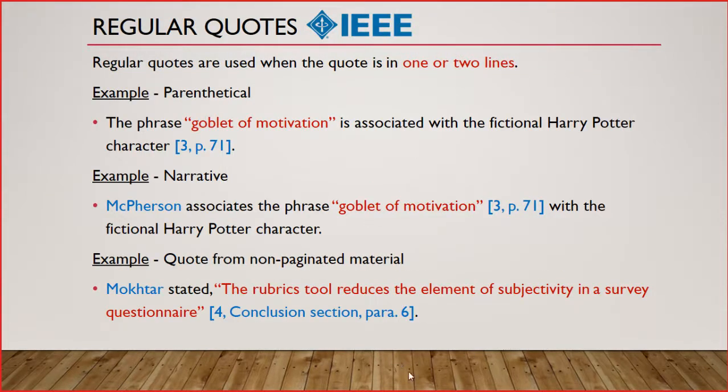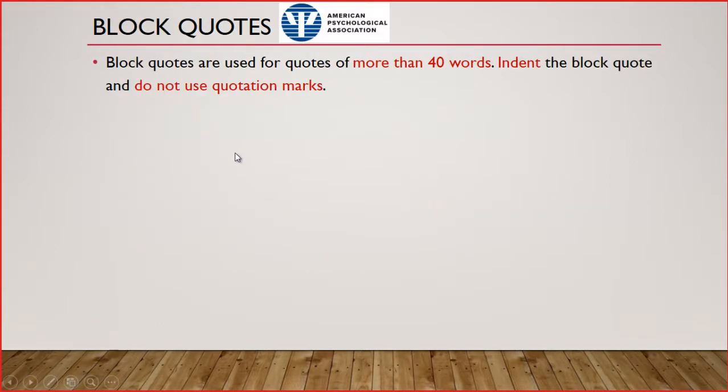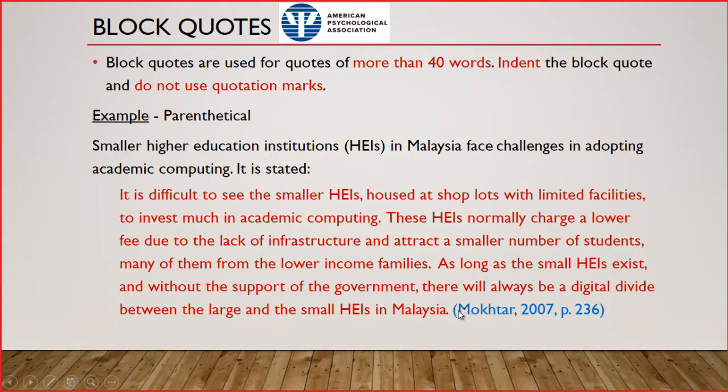See, this is a regular quote. The full stop comes last, so the citation comes first, then the full stop. But for a block quote, you have the full stop, then the citation. So the citation is outside the full stop. This is an example of a block quote in APA.